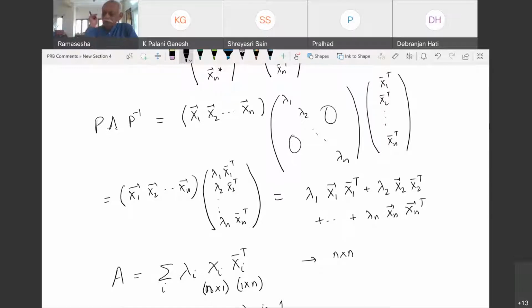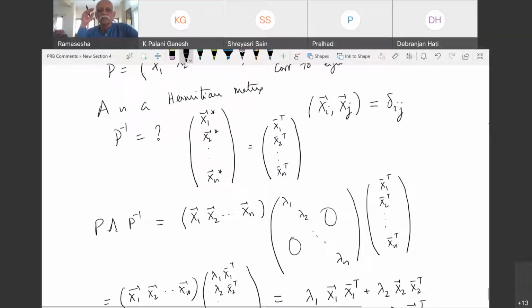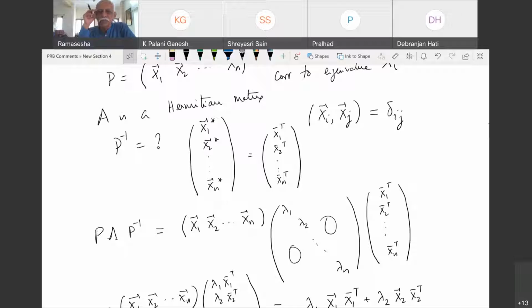Because x1 is an n by 1 matrix, its transpose is a 1 by n matrix, so it has got 1 row and n columns. Okay, is it clear? Sir, but above we have written P inverse equals x1 bar complex conjugate. So we replace the complex conjugate. Complex conjugate is the same thing as bar. Okay, I was confusing it with the vector sign. Actually a bar is a complex conjugate.